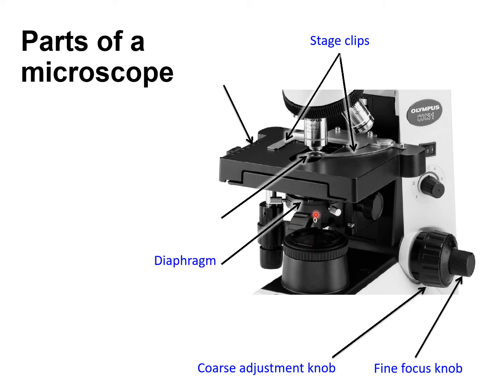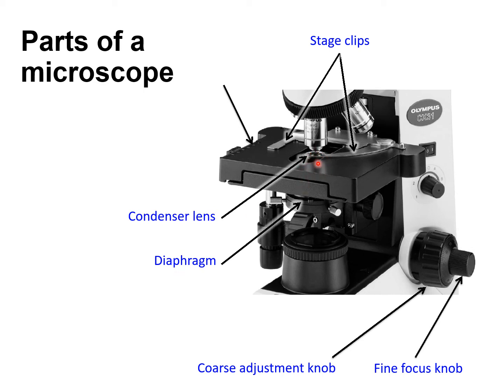There is the diaphragm down here below the stage, and the iris diaphragm, or you can just refer to it as the diaphragm, basically controls the amount of light that's going to reach your specimen. And we also have the condenser.